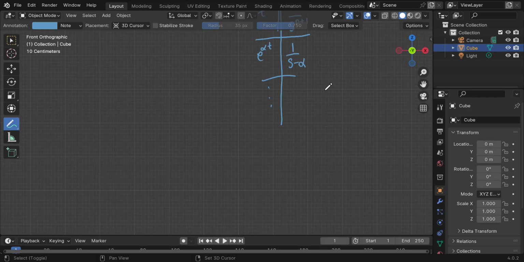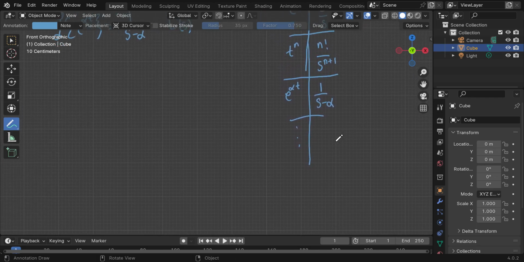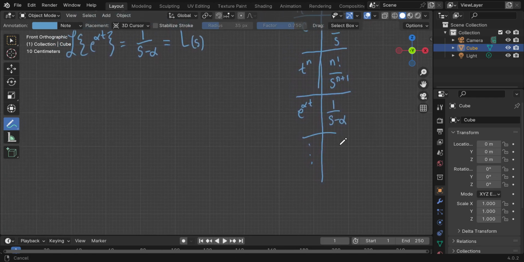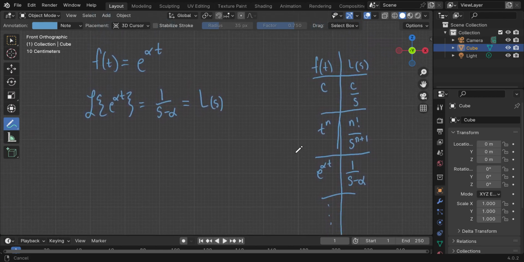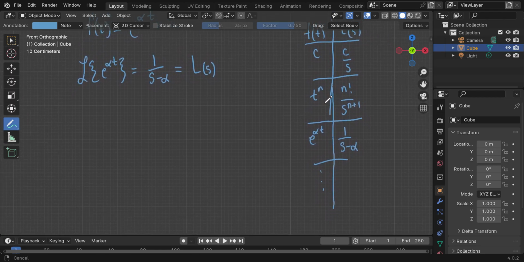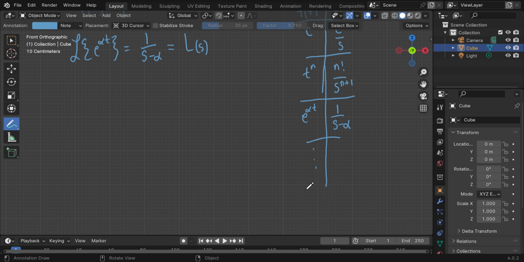There's one more that we looked at, which was just given some y prime or f prime of t, you end up with s L of s minus f0.